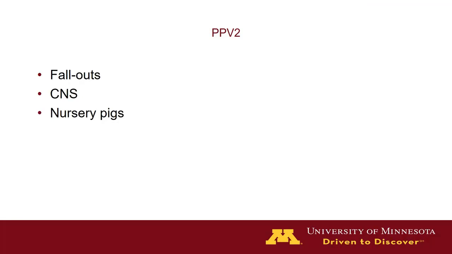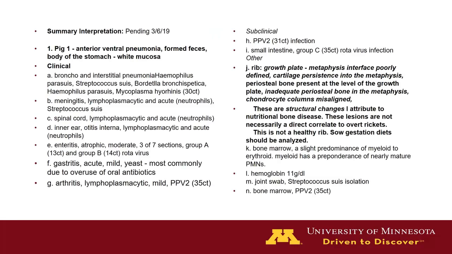What can I say? So another history follow-up, CNS disease in nursery pigs. And this was an interesting case, a prolonged recurring problem with Strep suis mortality going on in the herd.